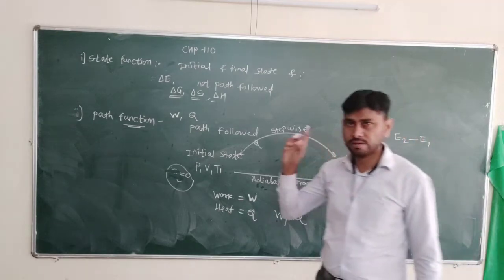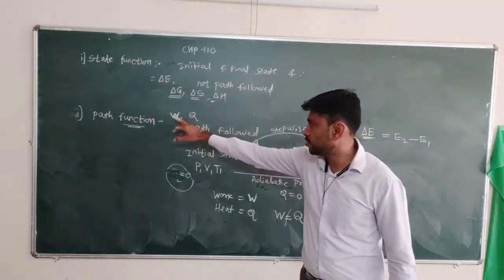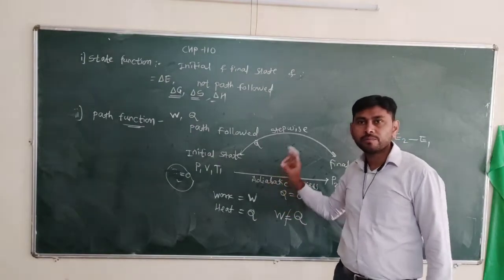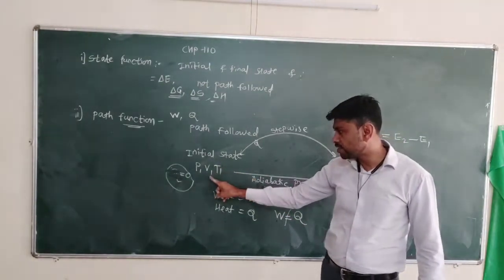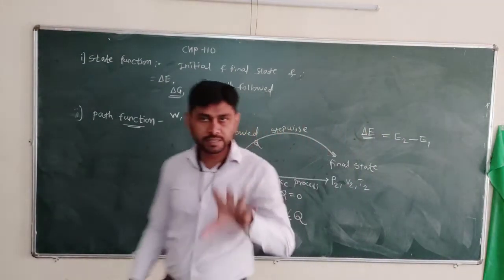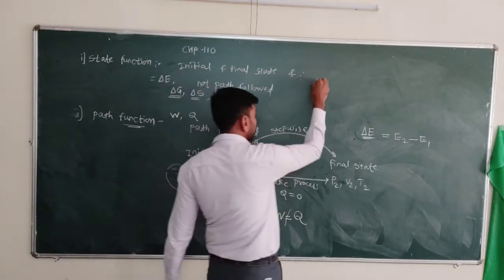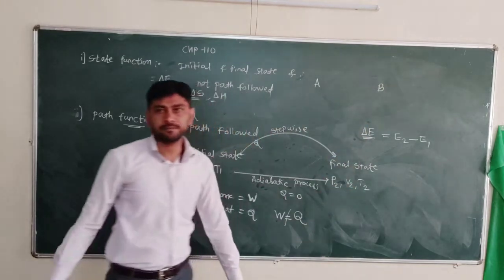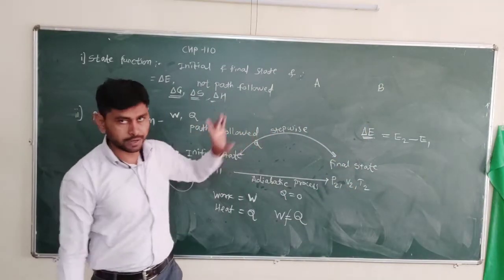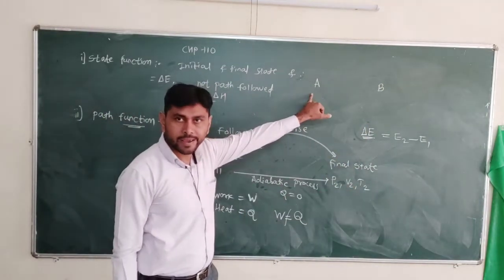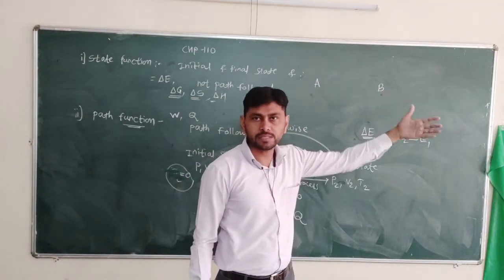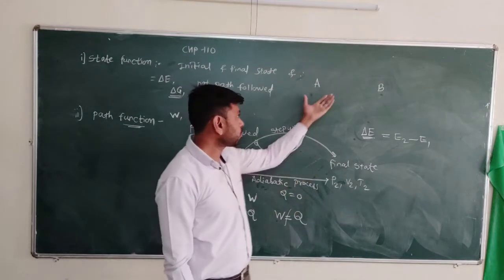And if we think about this work and heat, why are work and heat path dependent? Because at the initial state, suppose I am taking a general example here, an example of work. If you are at state A and then after some time you are at state B, another destination or another point.